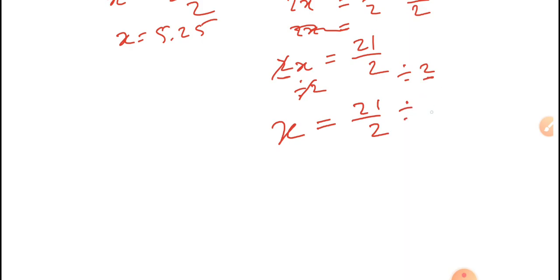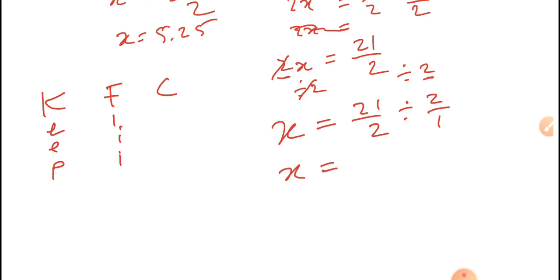Now remember, this divided by 2 can be written as 2 over 1. Now this goes into dividing fractions and multiplying fractions, which there's another playlist for. So x is equal to, now remember, whenever we divide a fraction, we have to do KFC. So keep, flip, and change.